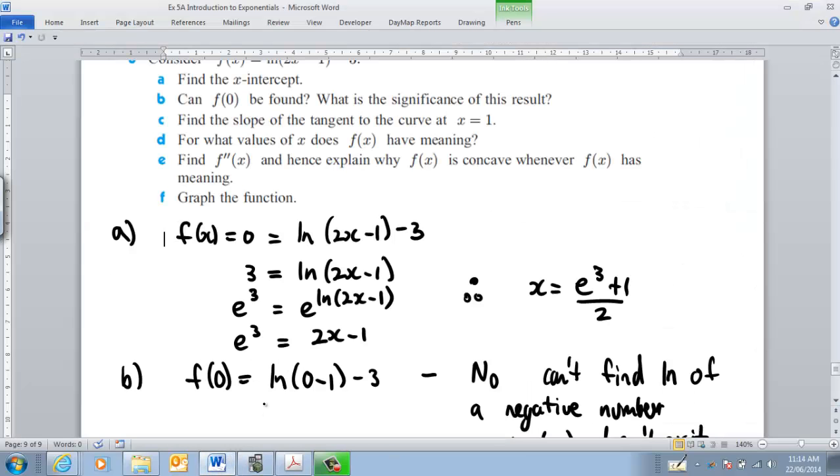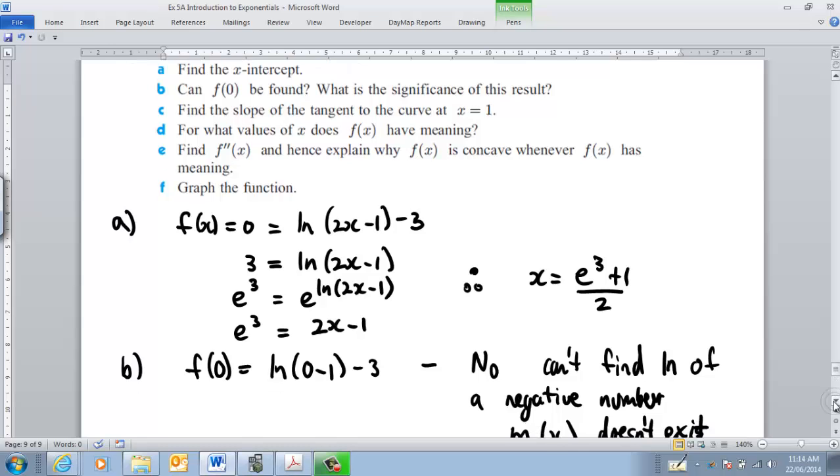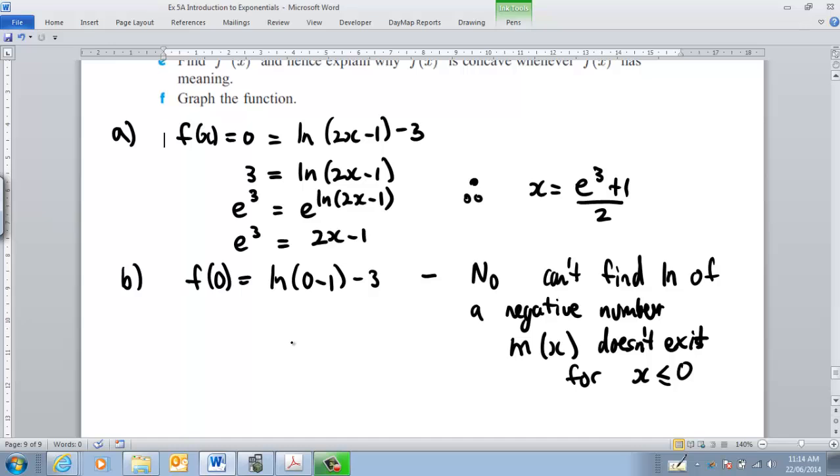So the first thing I need to do to find the slope of the tangent is to find the derivative, don't I? So part C, f dashed of x is going to be equal to, now that's my function ln of that over there, so that's simply going to be 1 over 2x take 1, the derivative of 3 is going to be 0, and then it's just going to be all over 2, isn't it?